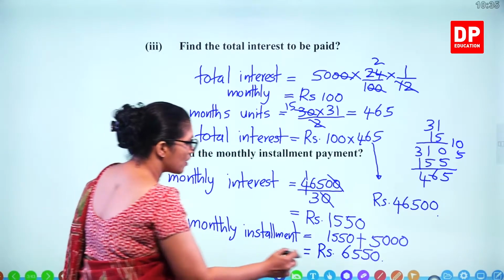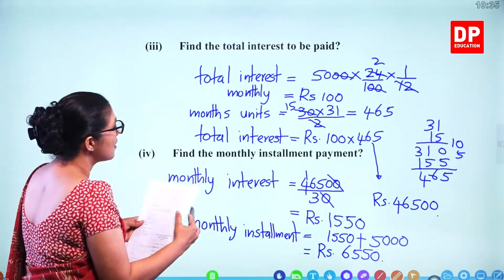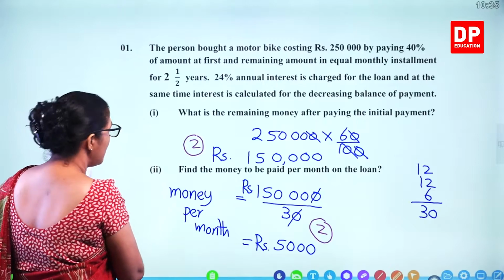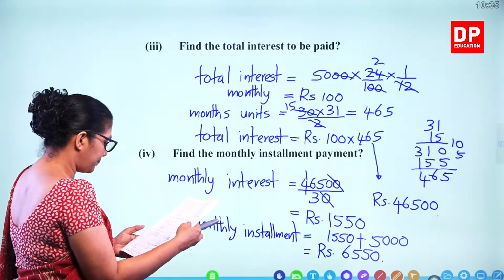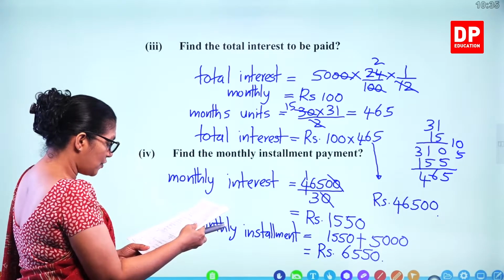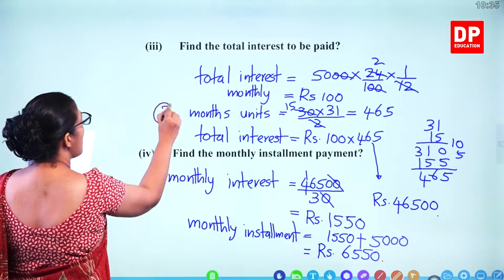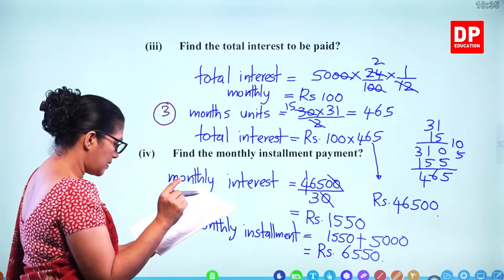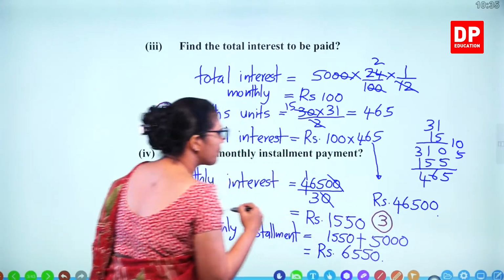How many marks for each part? For the last part we gave 2 and 2, 4, and this one, 3 and 3. For 46,500 you get 3 marks here, and for the monthly installment of 6,550 that's 3 marks.